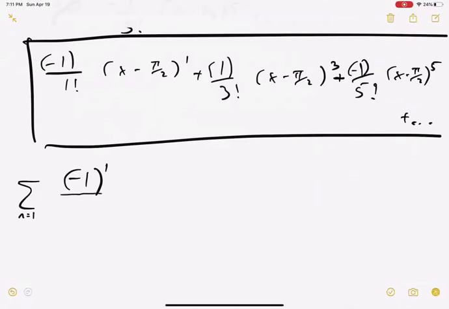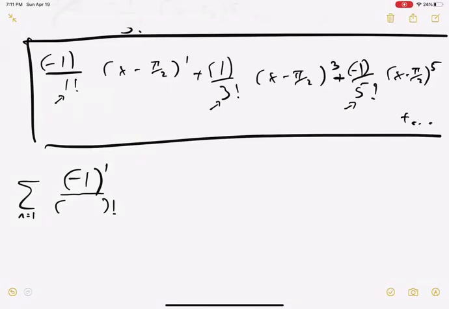And then what about the denominator of our fractions? I got 1 factorial, 3 factorial, 5 factorial. So it's factorials of the odd numbers, right? So how can I write that? Well, I know it's going to be something factorial in the denominator. How can I write these odd numbers?